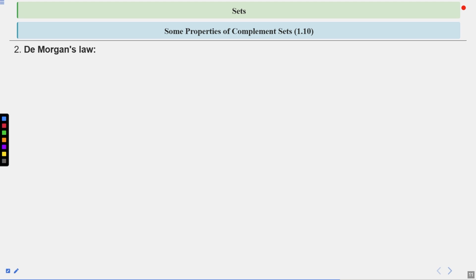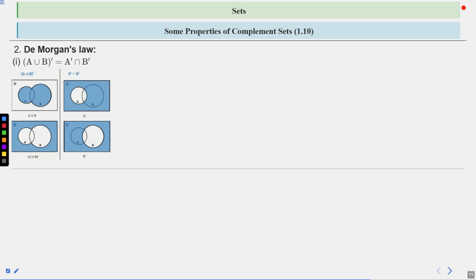Now let's see De Morgan's law using a Venn diagram. A union B complement is equal to A complement intersection B complement. Here we are providing the Venn diagram proof. Clear? Try to see the left hand expression, A union B whole complement.